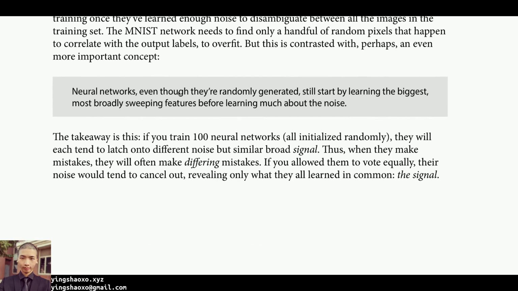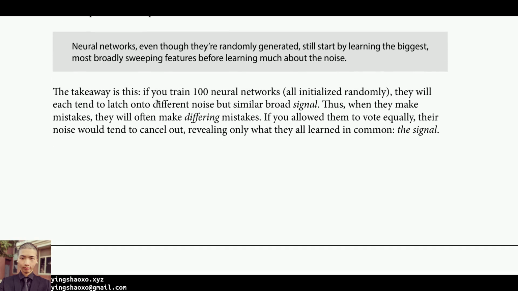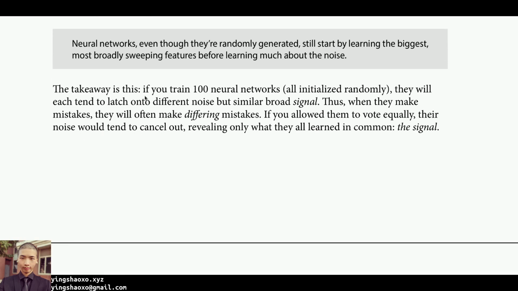Neural networks, even though they are randomly generated, still start by learning the biggest, most broadly sweeping features before learning much about the noise. The takeaway is, if you train 100 neural networks, they will each tend to latch onto different noise but similar broad signal.